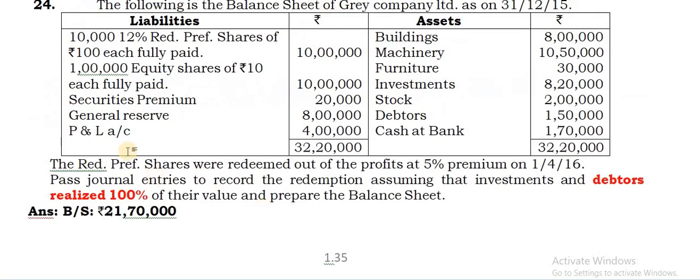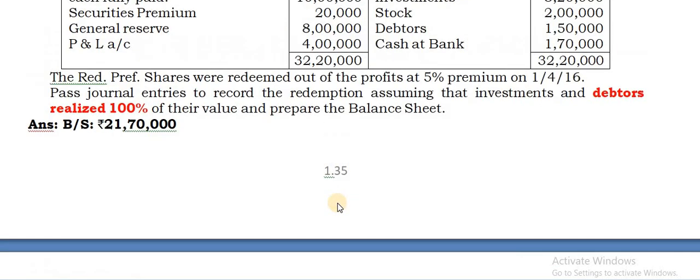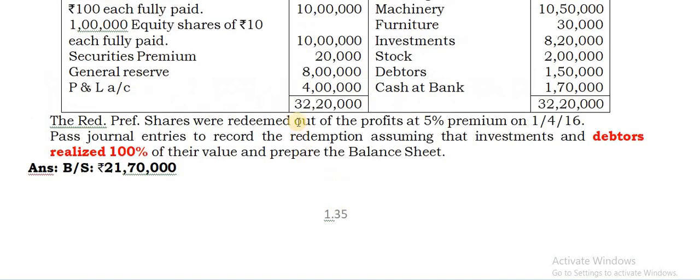Right. Now when you write in note number 2, that is reserves and surplus, you will not get the profit and loss account. The entire amount is gone. Securities premium will not be there. The entire amount is gone. General reserve, out of 8 lakhs, how much has gone? 6,30,000 is being deducted. So the balance you will have is only 1,70,000.